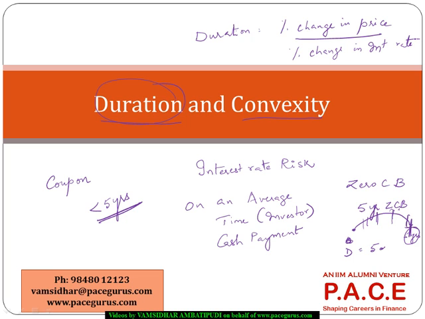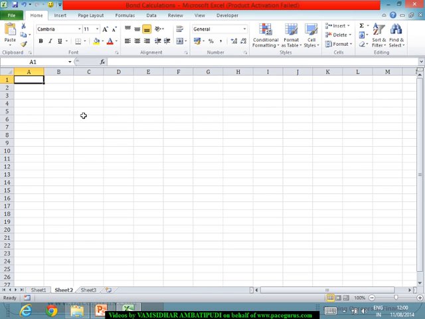Let's get back, but the initial definition of the duration for me is, on an average, the time that it is taking for the investor in the bond to get all his payments comfortably back. For this purpose, I want to take a simple example, a 5-year bond.